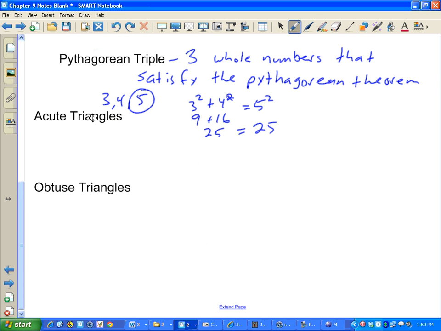Now, the Pythagorean theorem can be used for acute triangles and obtuse triangles. But it's not going to be used to solve anything in there, okay? It's going to be used to classify triangles as either acute or obtuse or right. So in acute triangles, a squared plus b squared is greater than c squared. So the way to kind of think about this is, oh, actually, sorry, this should be bigger.